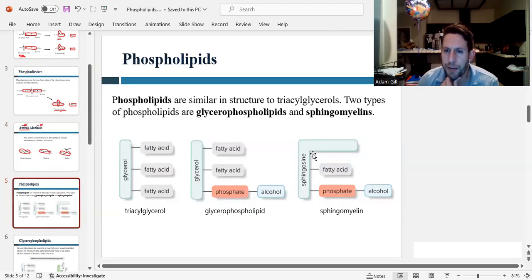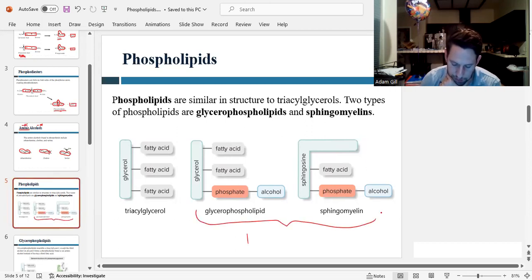And then sphingomyelins have this unique molecule called a sphingosine, which we'll talk about in a little bit. It's got one fatty acid, and then it's got your phosphodiester with one of the amino alcohols on the end. So, triacylglycerol versus a glycerophospholipid versus a sphingomyelin. And we're going to look in detail at these two types of phospholipids.